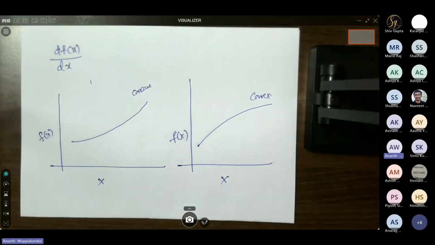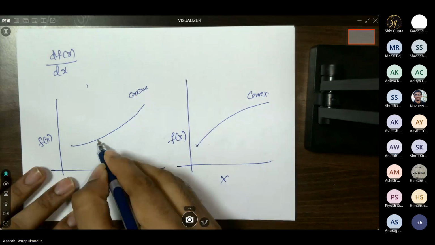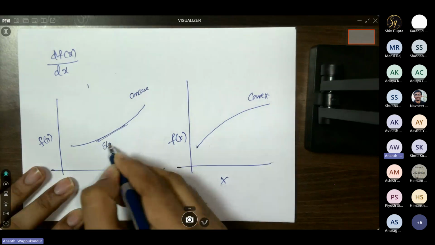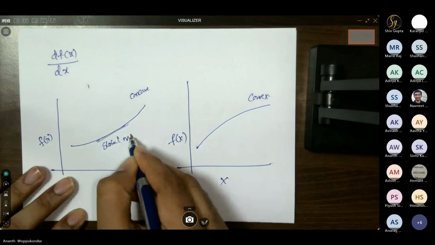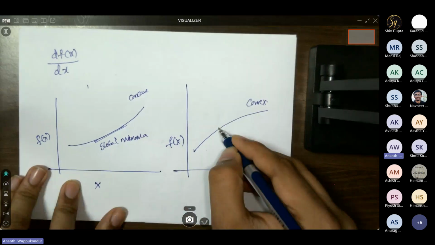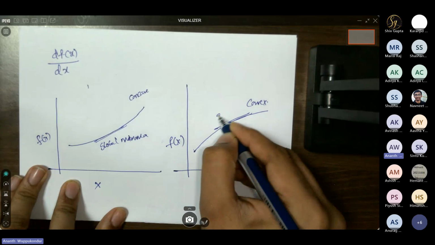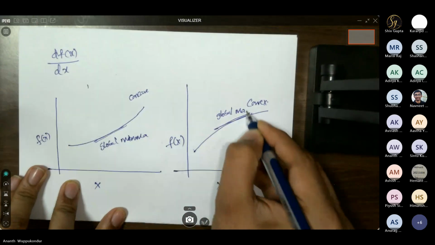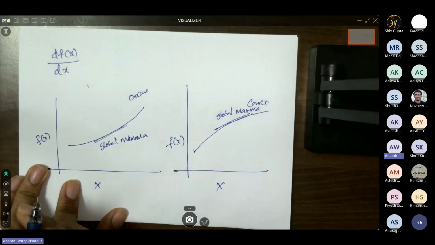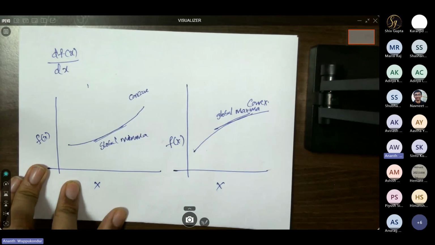So what is the difference between these two functions? A convex function might have a global minimum, but it may not have a global maximum, whereas a concave function will have a global maximum, but it may not have a global minimum. So that is the difference between these two functions.